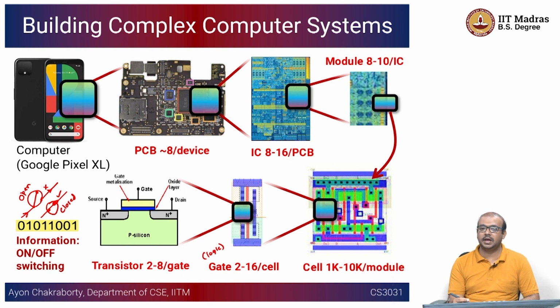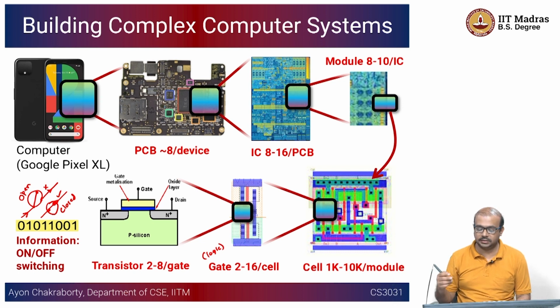There could be many ICs for handling memory, for interfacing with sensors, or the sensors themselves, and one of them could be the processor itself. So we saw how transistors could be clubbed together in the form of gates, then modules, how such modules are used to build an IC, and how eventually you get a PCB which is going to do a very complex computational job.